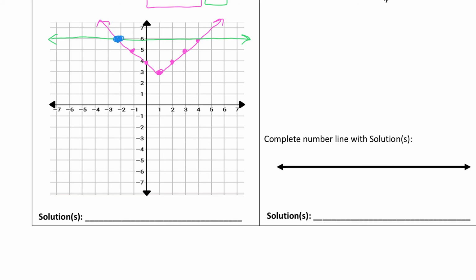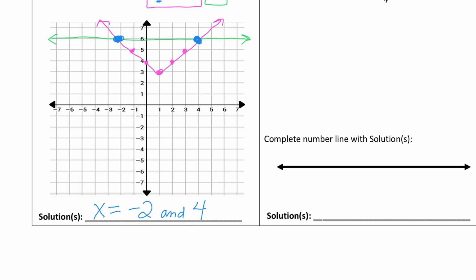So they cross here and they cross here. Since we're just looking for the x value, my two solutions are x equals -2 and +4. So that's how you can solve it graphically.